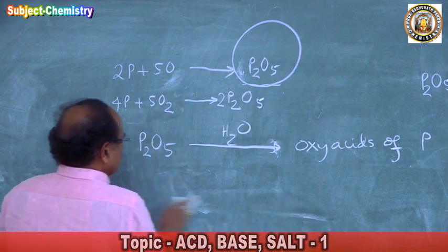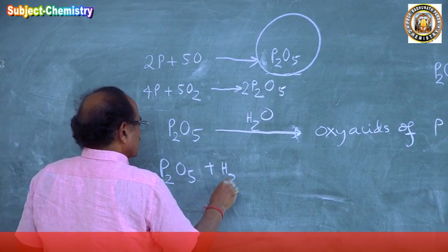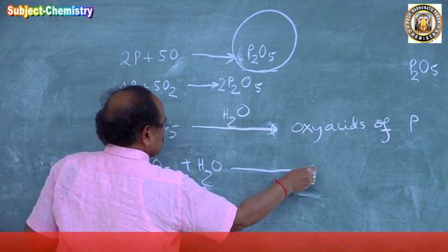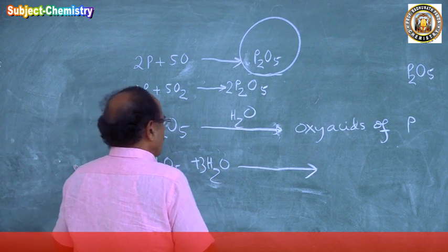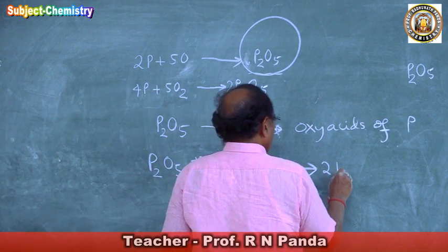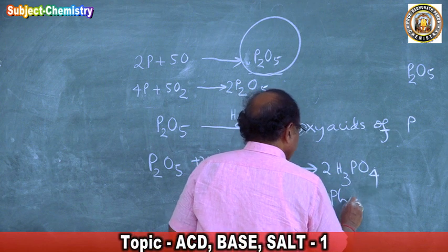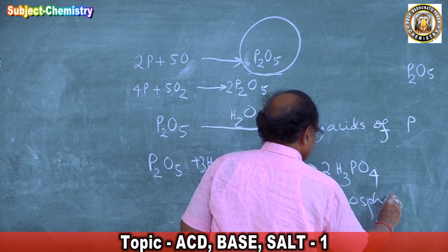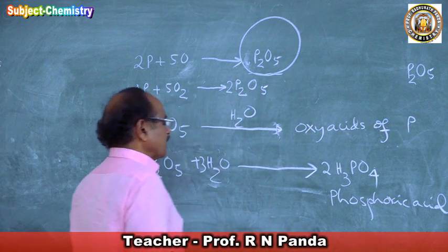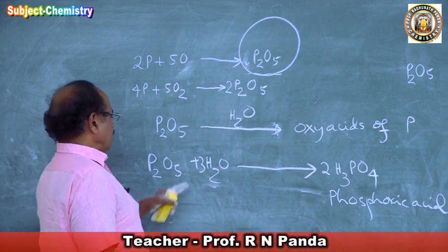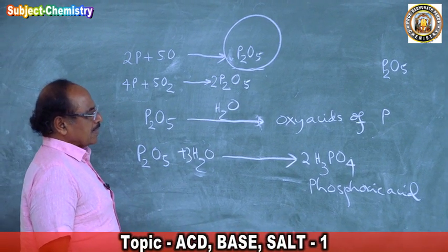P2O5 plus 3 water will form 2H3PO4, phosphoric acid. So you have 6 hydrogen, 2 phosphorus. This is called phosphoric acid.